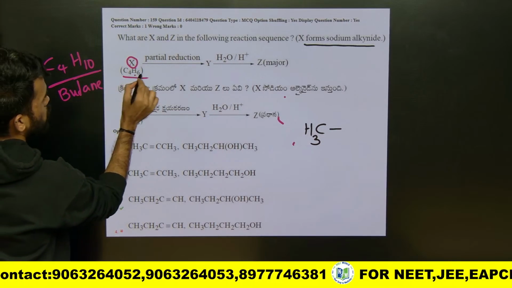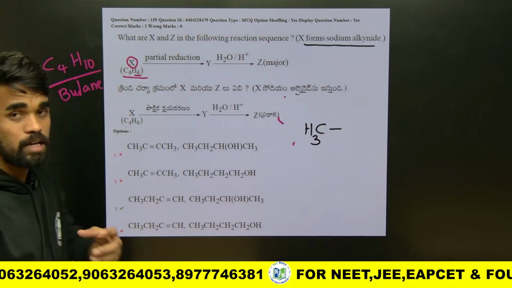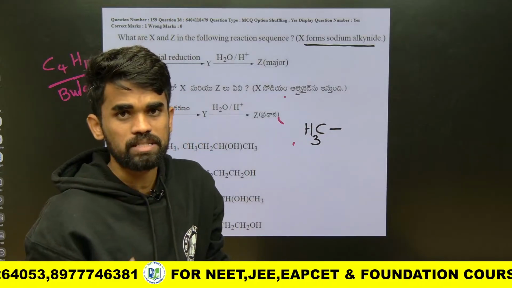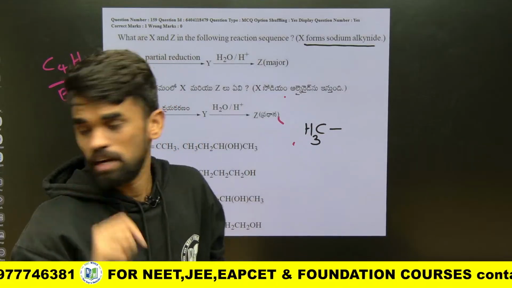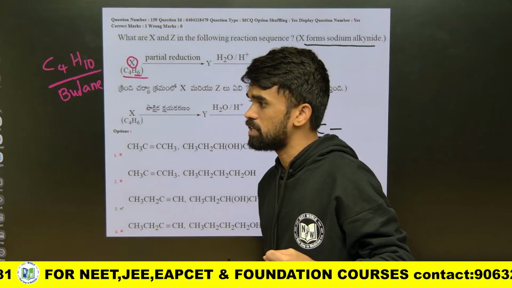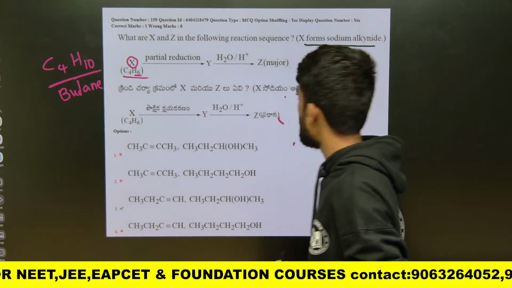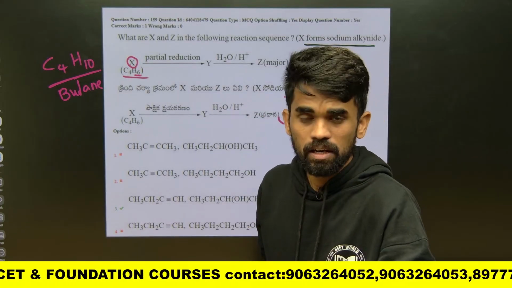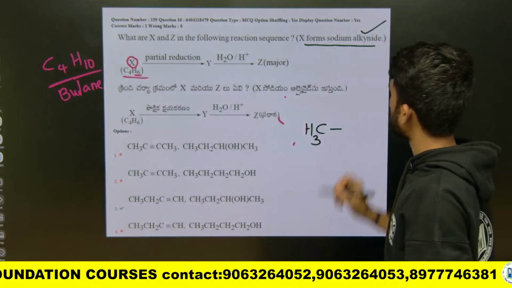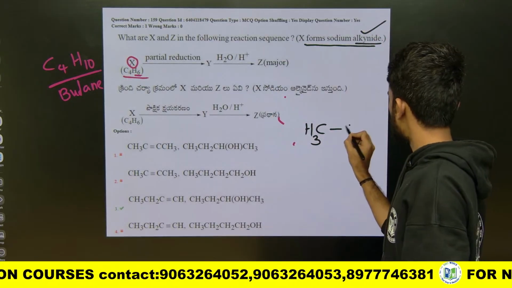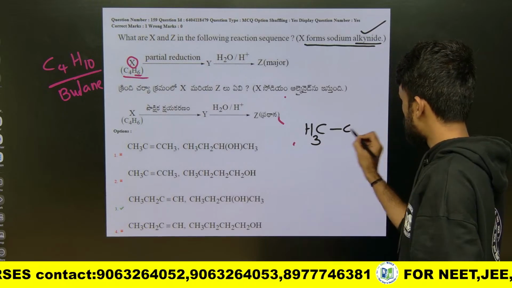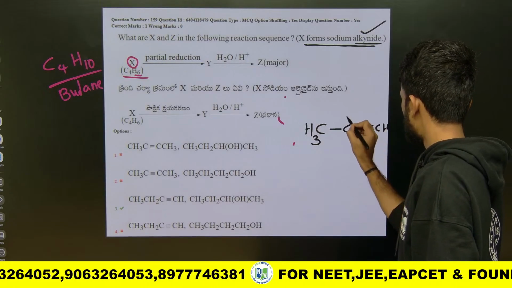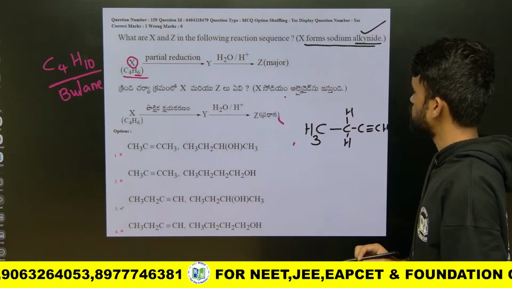But here it has only 6 hydrogens, so 4 hydrogens are less. 2 hydrogens less means 1 degree of unsaturation, so 4 less means 2 degrees of unsaturation. With 2 degrees of unsaturation, it can be an alkyne or a diene. I am writing alkyne because they mentioned alkynide: CH3, C triple bond CH, with one hydrogen here. So this is one butyne, I can say.